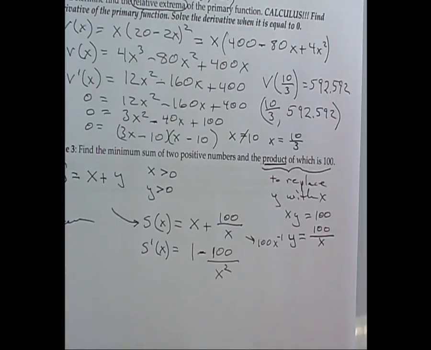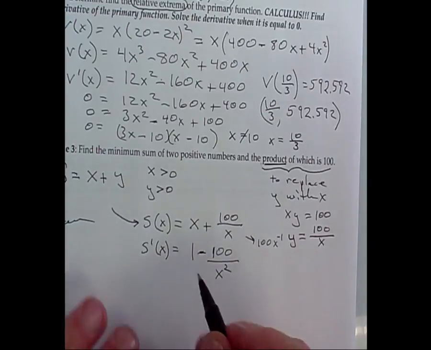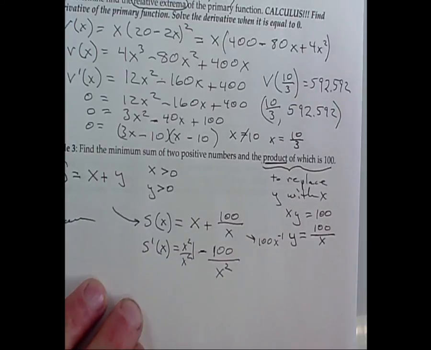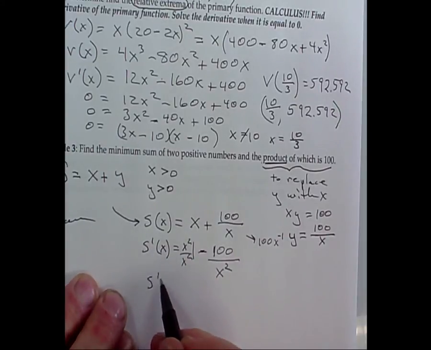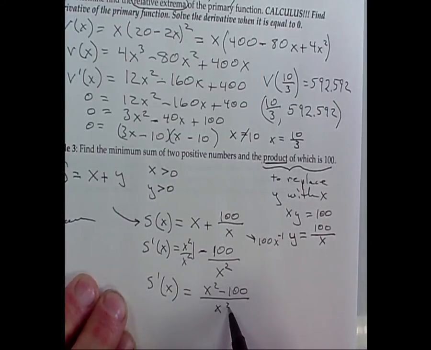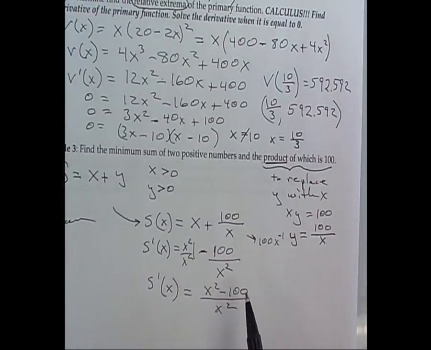When you have this situation, what I want you to do is make this one fraction. In other words, 1 is the same as x squared over x squared, correct? So this derivative can be rewritten as x squared minus 100 over x squared, because the solution could come from the denominator since this is a derivative, right?